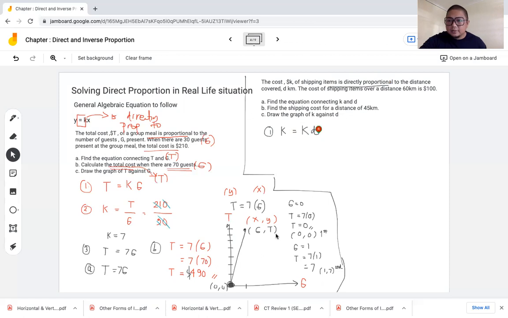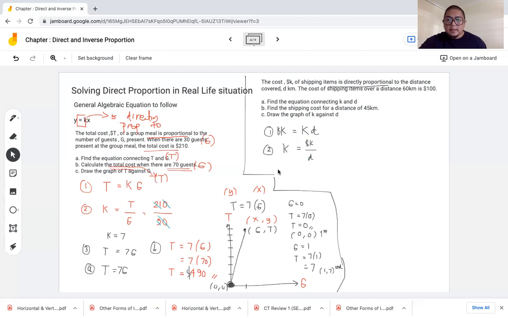Okay, please don't get confused with this particular K. This particular K represents the K dollars. So next step is for us to solve for the constant, which is this one. Okay, so k is equivalent to K dollars over D.